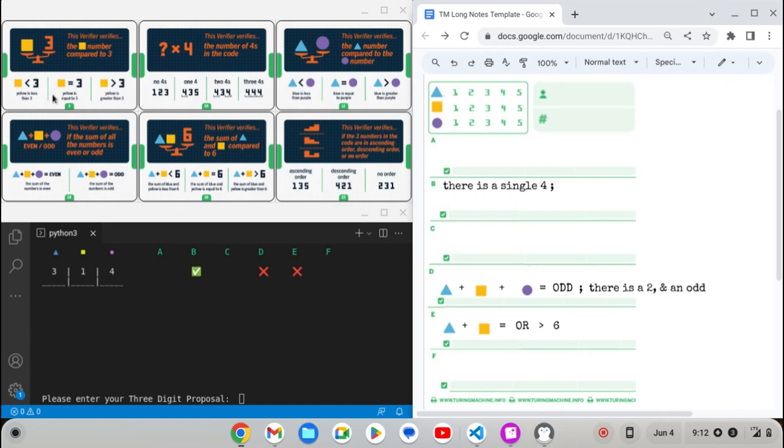And notice that criteria card A potentially could tell us which even is in the square. Is it 2, which is less than 3, or is it 4 greater than 3? So that means I could have 2 and 4 in some order for triangle and square, which means that then the circle has to be odd.